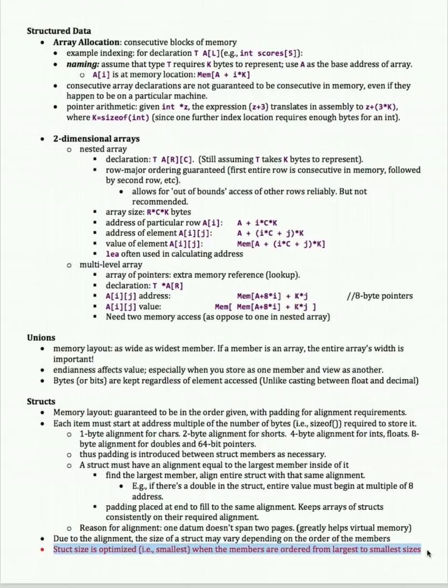And then the following one, if it's a 4 byte integer, then it will automatically fulfill the alignment, because it will automatically start at a multiple of 8, which is also a multiple of 4.